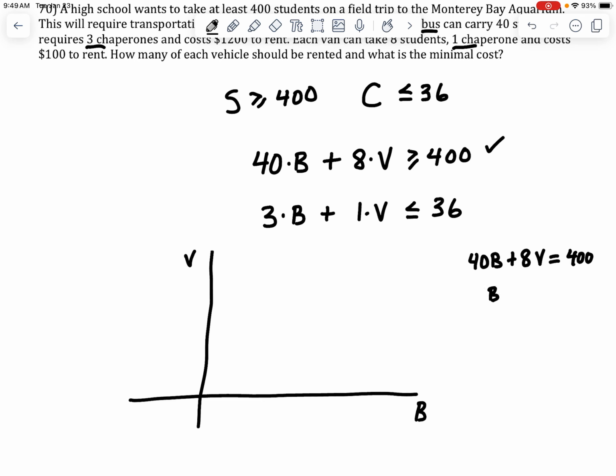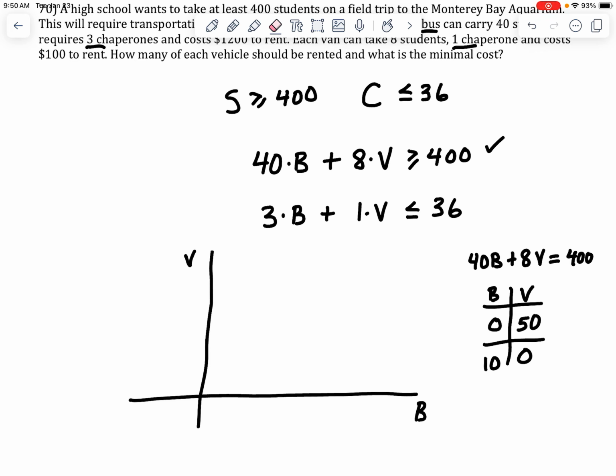So just make a little table of values right here and say, well, if b equals 0, this would be gone, and then just divide both sides by 8, and v equals 50. And then back up, and what if you had 0 vans? So this would be gone, divide both sides by 40, and then that means that b would equal 10.